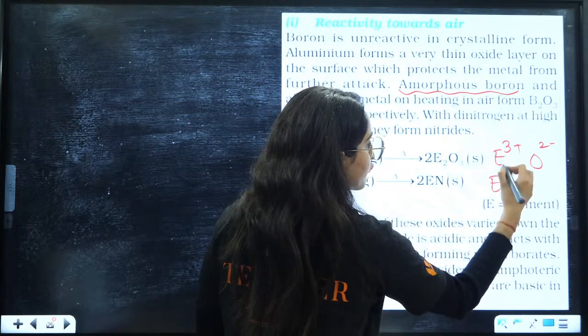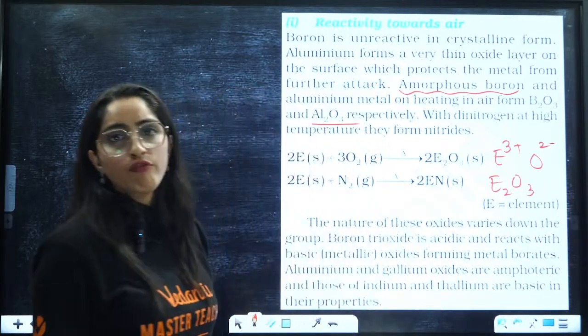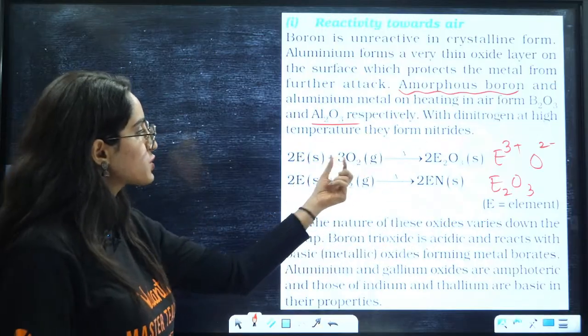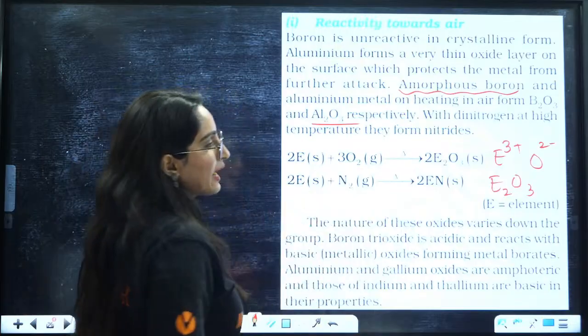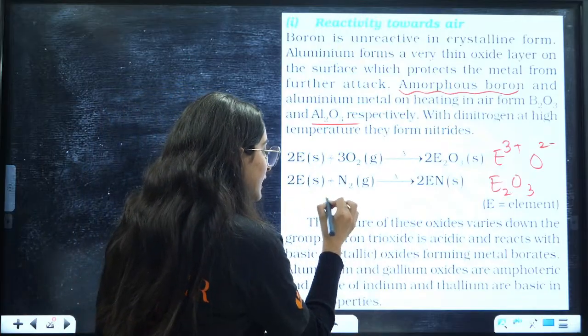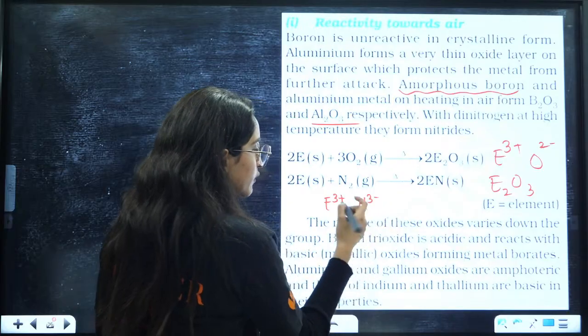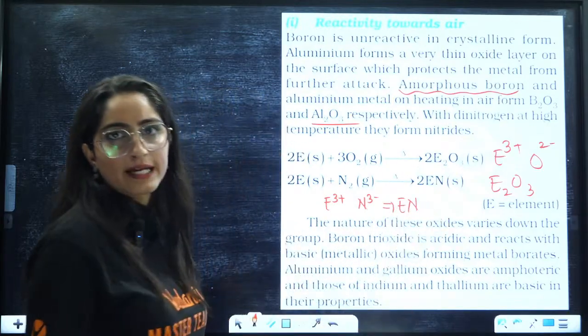That is why after cross multiplication it is forming an E2O3 kind of oxide, right? That was with oxygen. Now with dinitrogen, because E is 3 positive and nitrogen is 3 negative, the 3s will cancel out, and they will form an EN kind of compound, right?